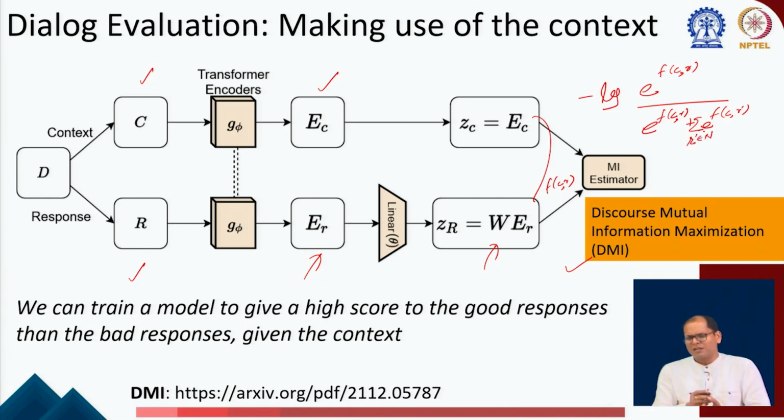So, you can use a loss in this particular form, and this is again very similar to what we saw in negative sampling. You have a positive sample, some negative samples, use them to train the model, and now once the model is trained, you have the context and response, it can give a score to that, right. So, this is another important paradigm for evaluation of dialogues.